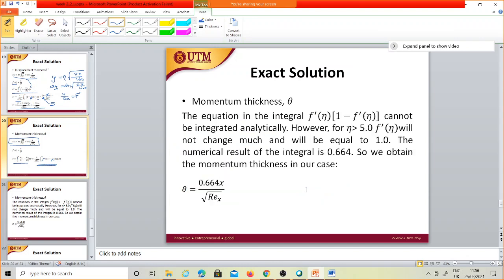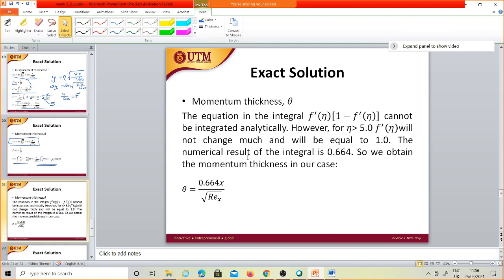So we need to solve it numerically, okay? The integral has these coupling terms that cannot be integrated analytically. For eta greater than 5, this will not change that much, and that will be equal to 1, and the numerical result is like this.